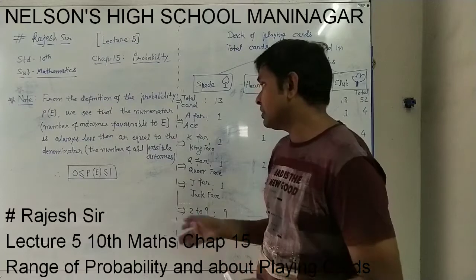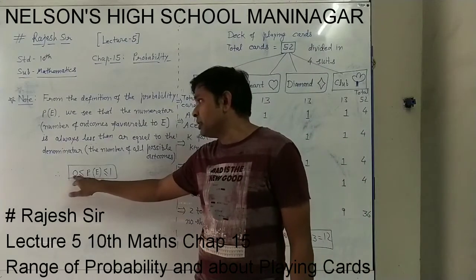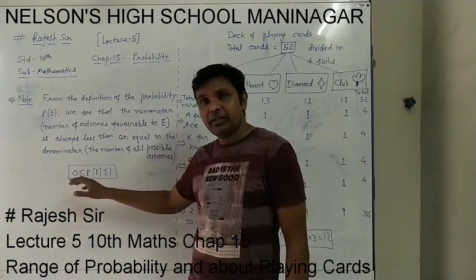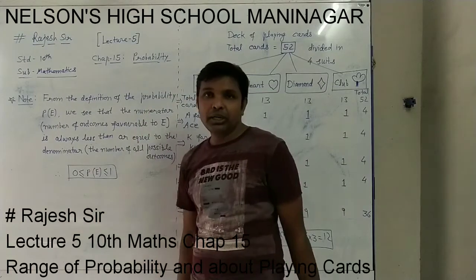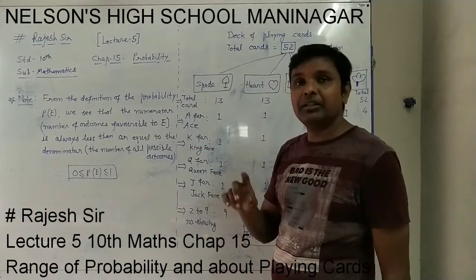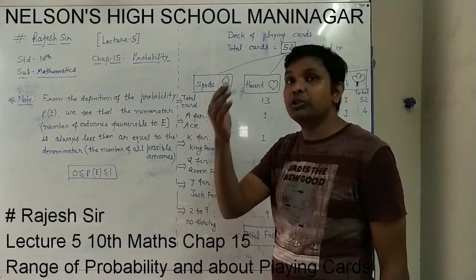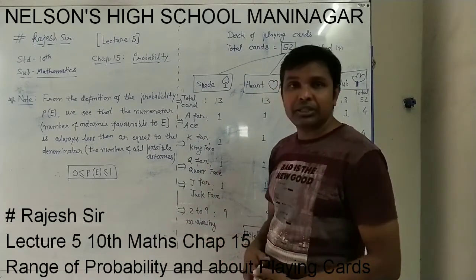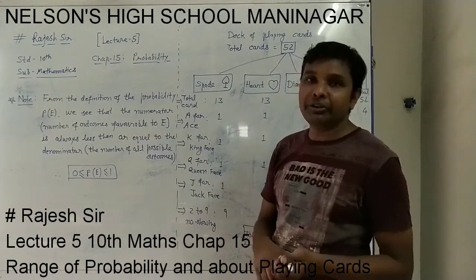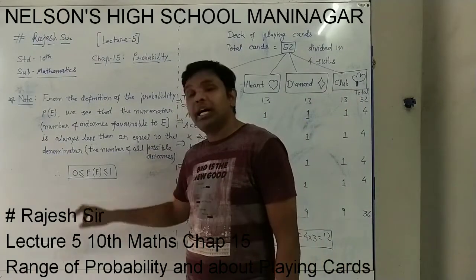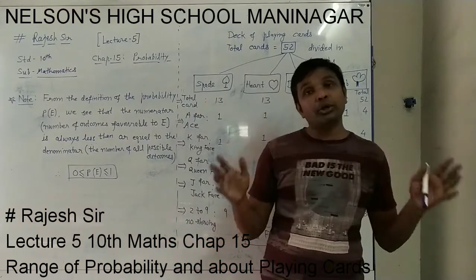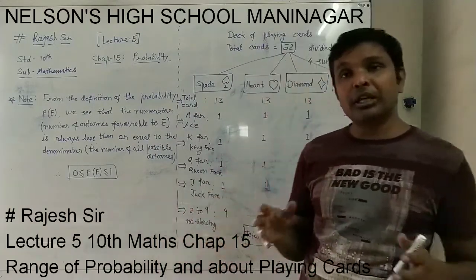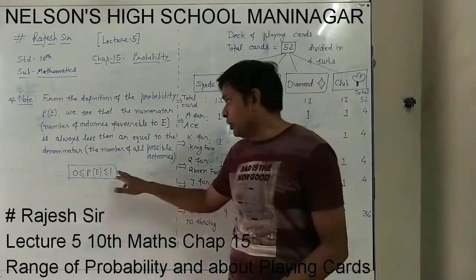In an impossible event the numerator may be 0, and in a sure event the numerator may be equal to the denominator. In an impossible event the probability is 0, and in a sure event, where all possible outcomes and favorable outcomes are equal, the probability is 1.